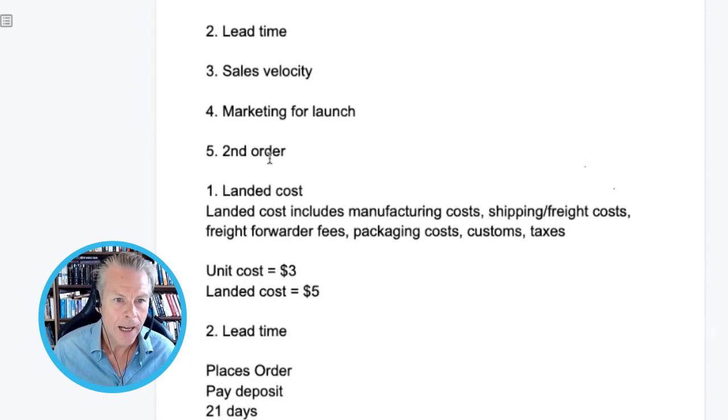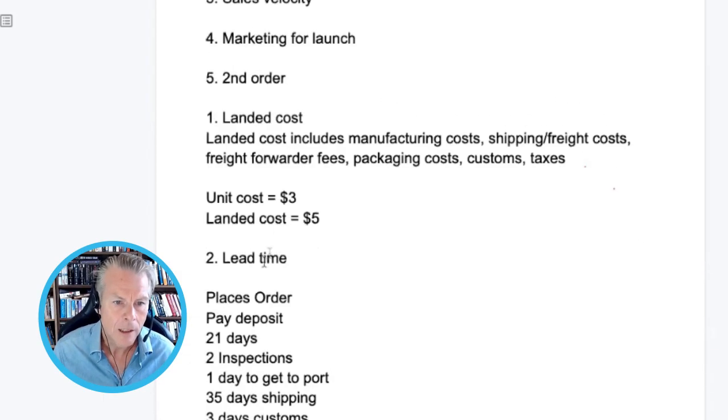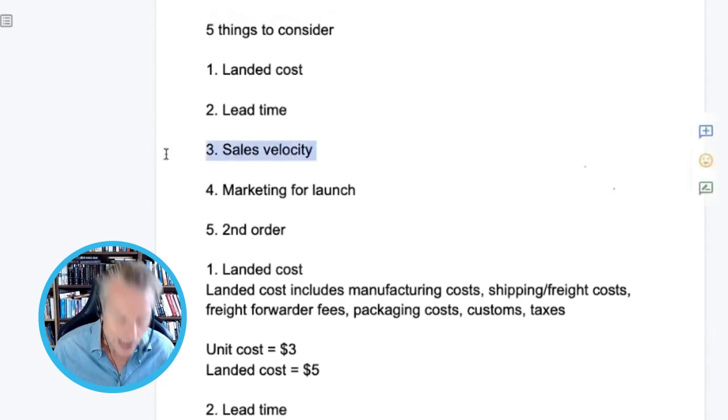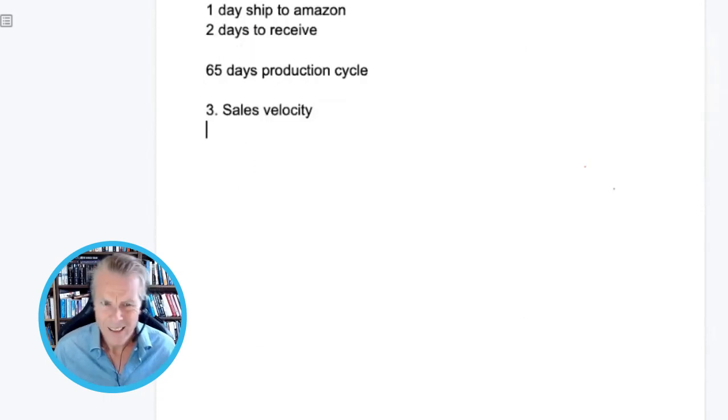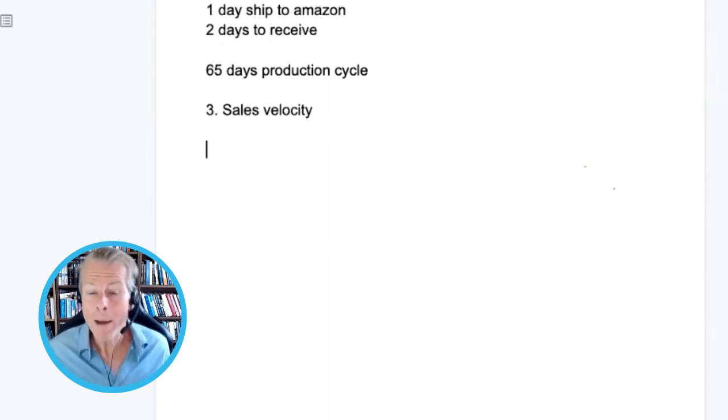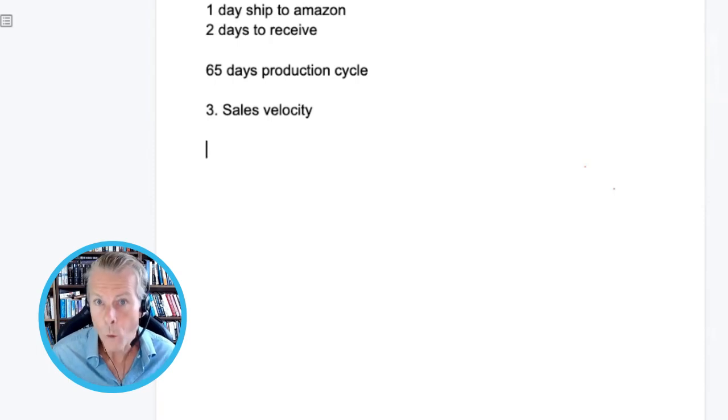So we had landed costs, great. Lead time, great. Next one is sales velocity. Let's take a look at that. This just means how many sales are we going to make per day? Now, we don't know with any degree of certainty exactly how many sales we're going to make per day.